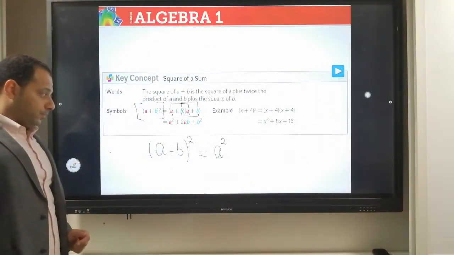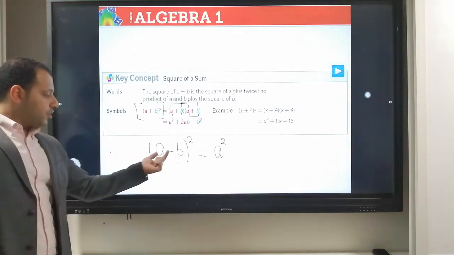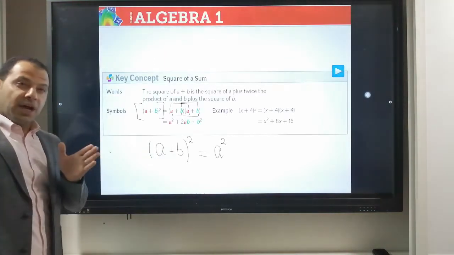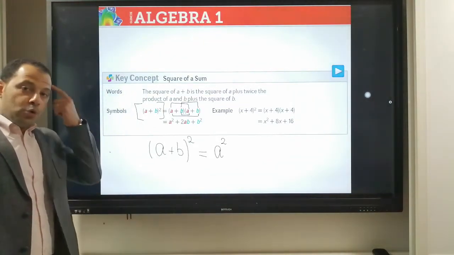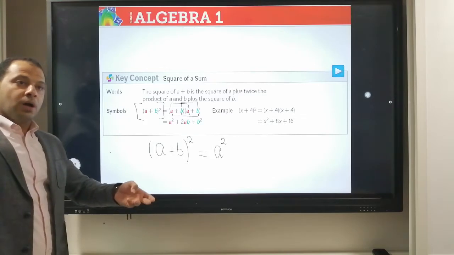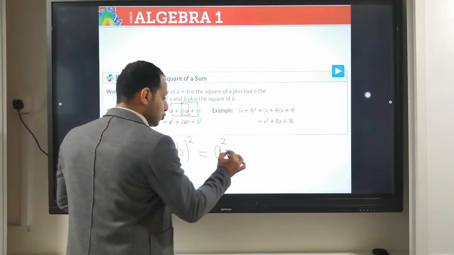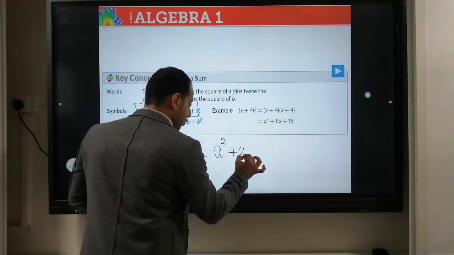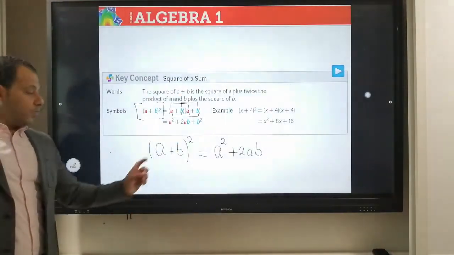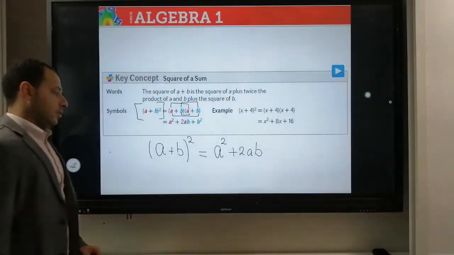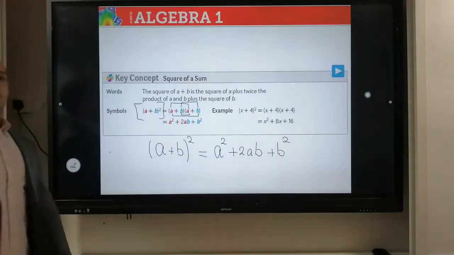And then multiply the first by the second. A multiplied by B, or A times B equal AB. And then from your mind, multiply by 2. It's a rule. So I just multiply it by 2, so it becomes positive 2AB. And then go to the last or the second, square it.